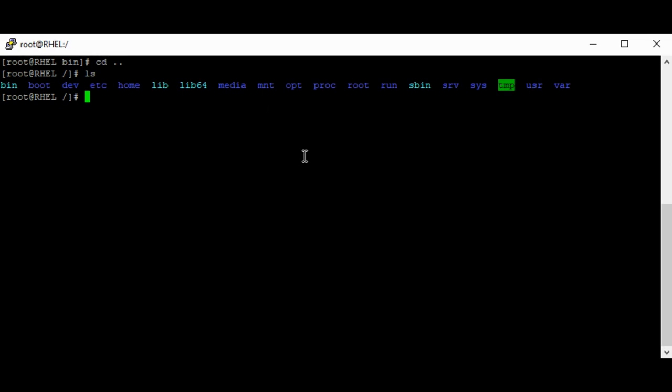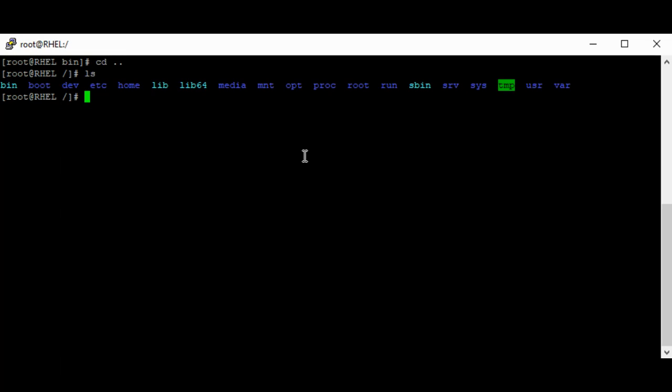This directory is analogous to the slash bin directory, and the difference is that it stores the binaries, the applications or programs intended to be used for system maintenance and administrative tasks by system administrators, or root or super users only.